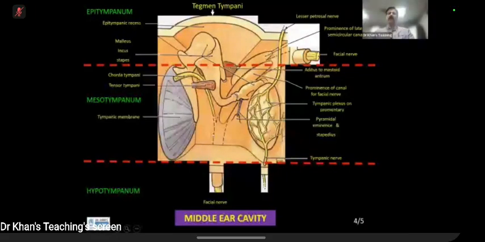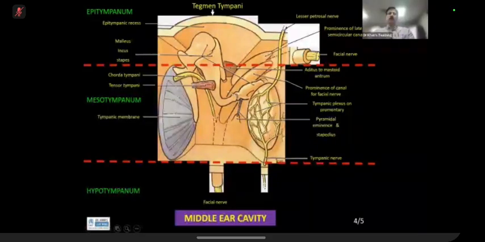This is the mesotympanum, also known as the middle ear cavity proper. And this is known as the hypotympanum. The hypotympanum is nothing. It is just empty, just a trough in the floor, nothing more than that. So don't worry about it. Just remember that below the hypotympanum will be the jugular foramen.